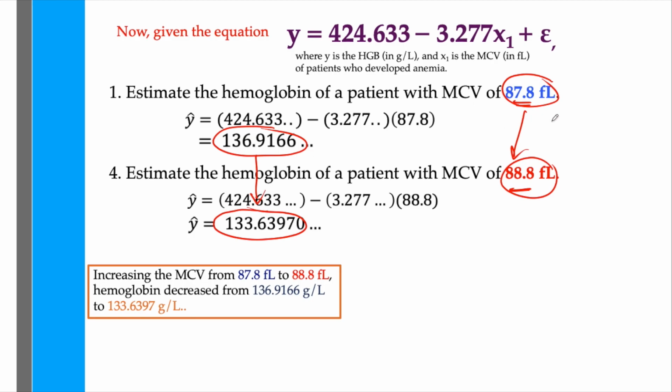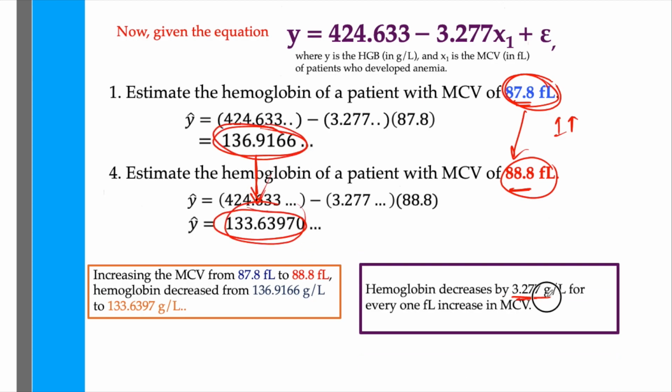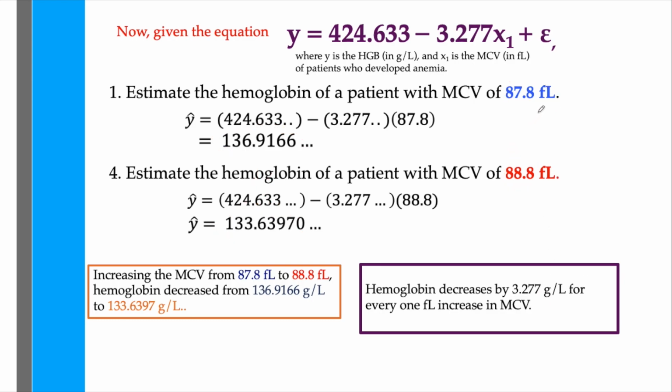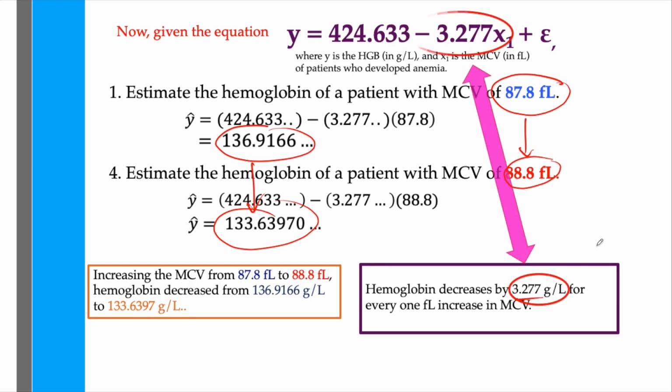This shows that a 1 unit increase in the MCV decreases the value of the hemoglobin by 3.277. In other words, when we increase this value by 1, the tendency is this value will decrease by 3.277. And that is actually the one that's represented by the slope.